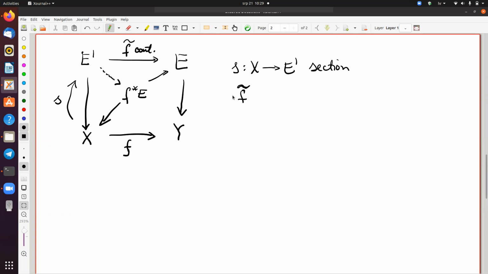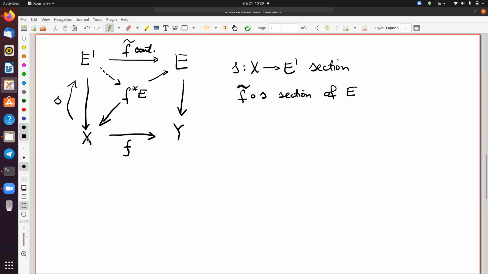let's see. So we have F tilde composed with S is a section of E. And these sections define, of E, and then every fiber here and fiber here is isomorphic.